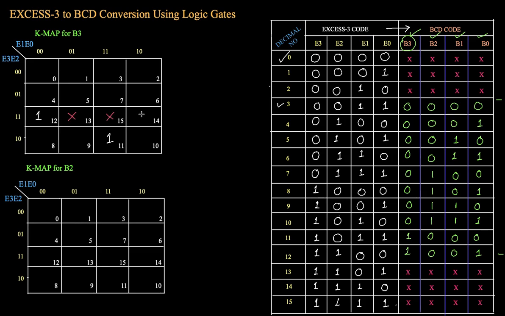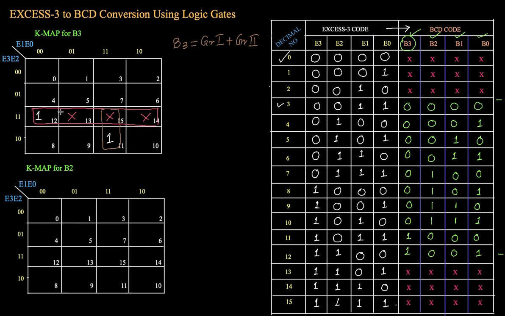If we take the don't care conditions like this, then we can easily make two groups. One is like this, here is your first group, and the corresponding second group is this. So red is group 1, and B3 becomes group 1 plus group 2. What is group 1?